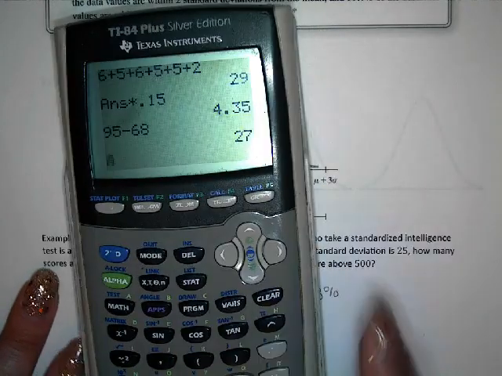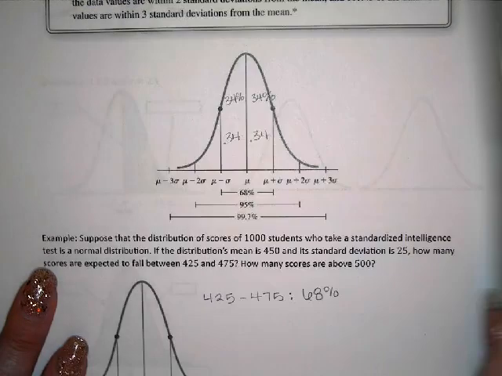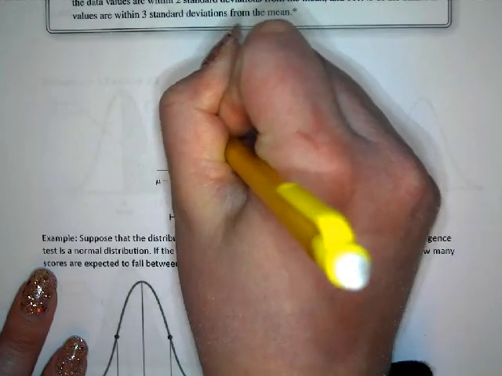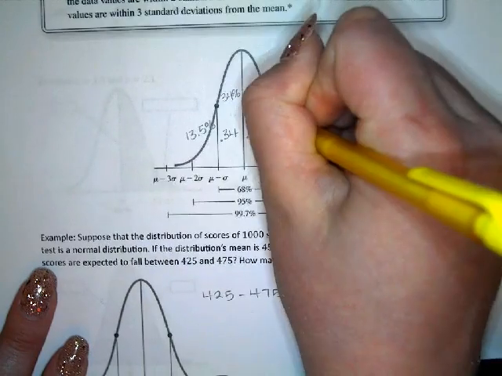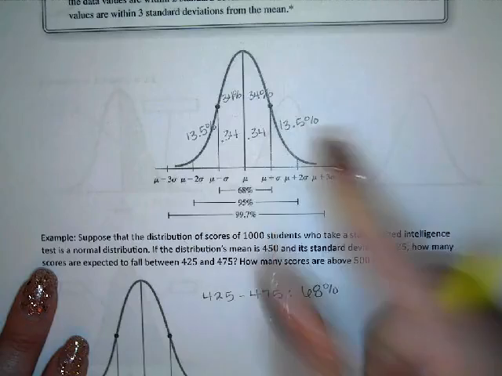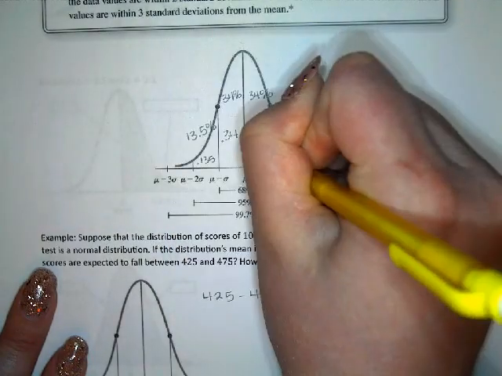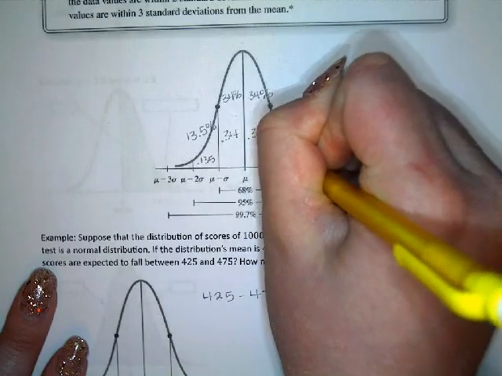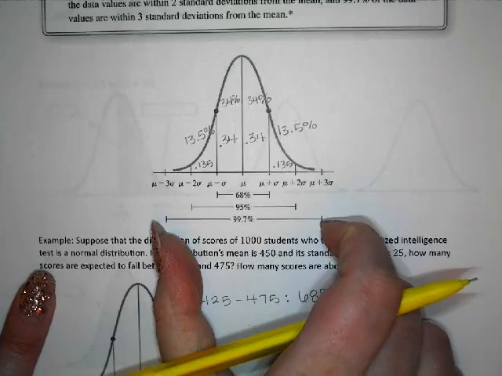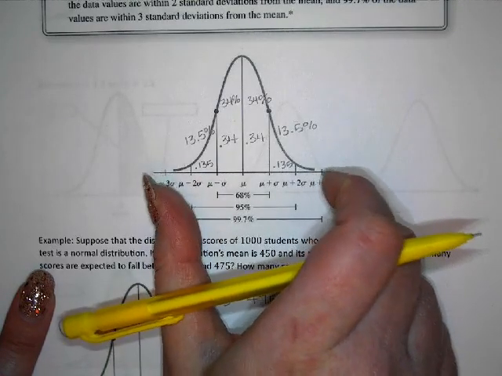So I'm going to divide that in half, and that's 13.5% in each of those spaces, which as a decimal is 0.135 in each.